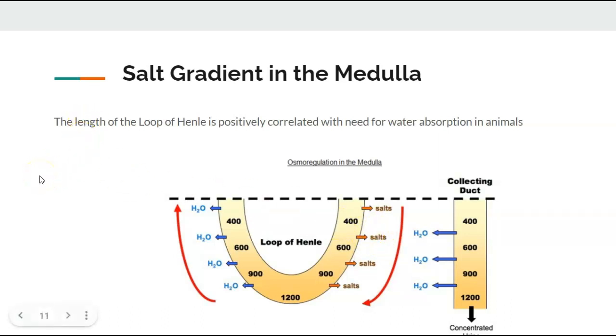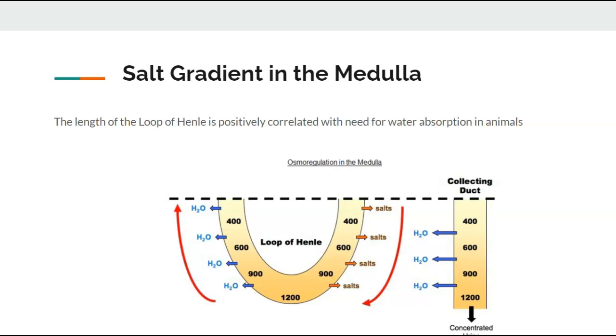The length of the loop of Henle is positively correlated with the need for water absorption in animals. So maybe you've heard that camels do not need to drink a lot of water because they maintain water in their humps and stuff, but another reason for that is they have a very long loop of Henle, and because of that, they can reabsorb all the water that they drink, and so they can keep it without having to urinate and release all that water.